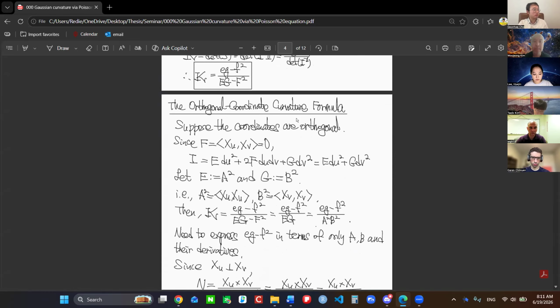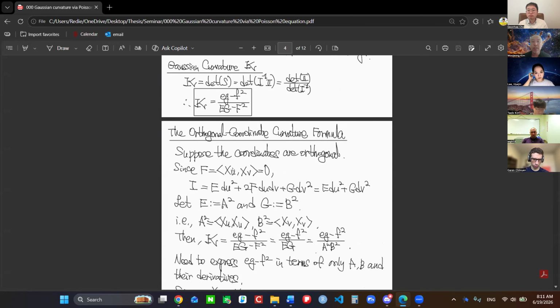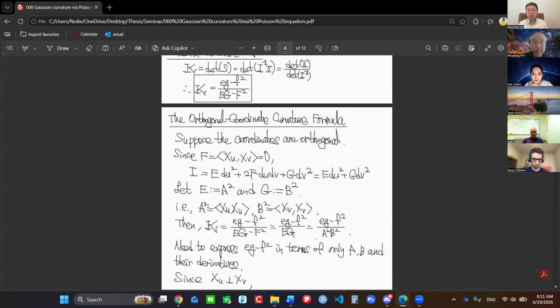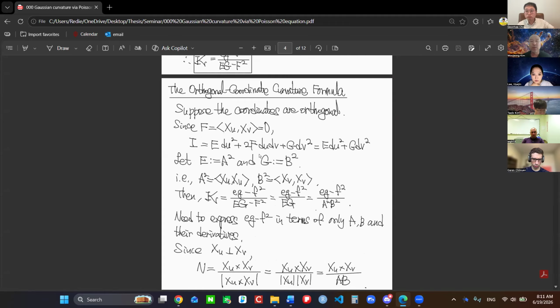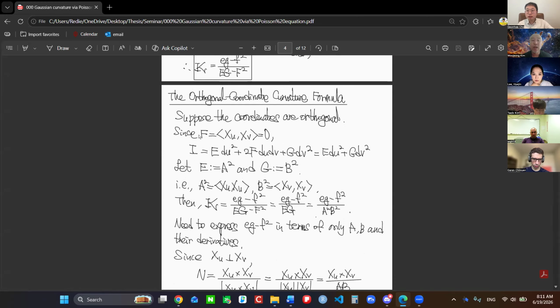So the orthogonal coordinate curvature formula. This is the Gaussian curvature using the shape operator, and we're gonna take a look at what it becomes in the orthogonal coordinate system. Suppose the coordinates are orthogonal.